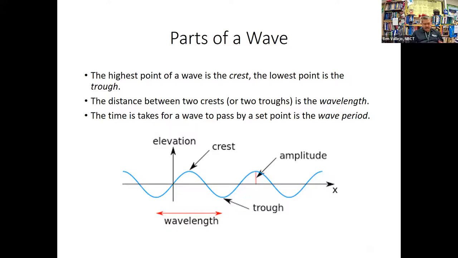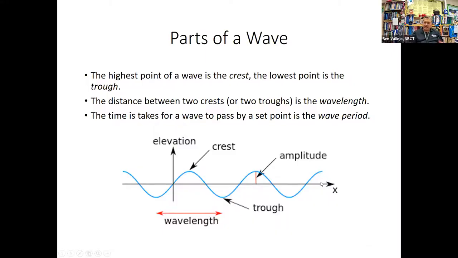They're the same as a sound wave. So this is part of my physics talk. But if you have a wave, the wavelength is the area between a trough and a trough, or a crest and a crest. The height of a wave is called the amplitude right there. And so these are important things to know about waves.